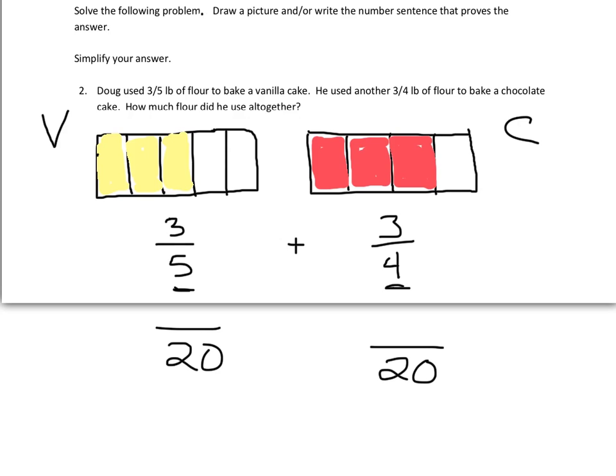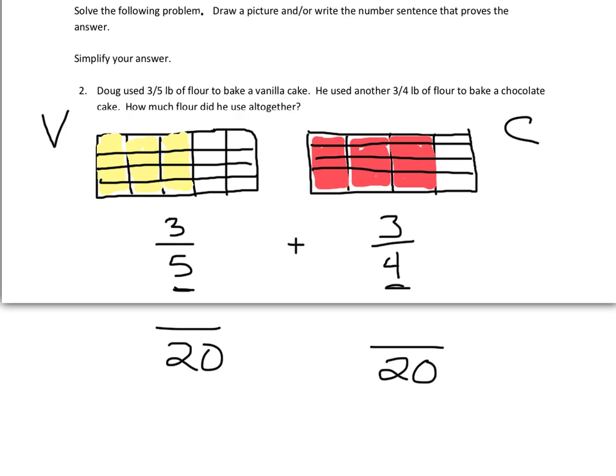So I'm going to draw some lines across here. Now the vanilla cake has been split into 20 pieces. Now we have the chocolate. That has now been split into 20 pieces. So what we need to do now is count the total number of pieces from the vanilla cake.